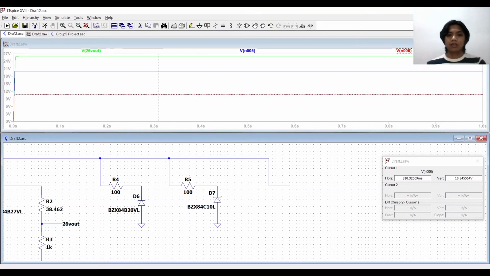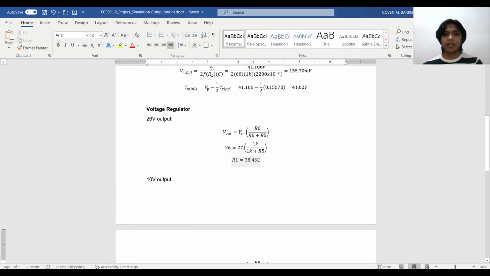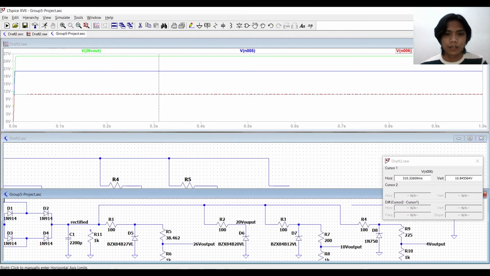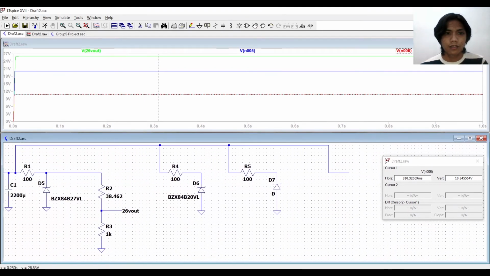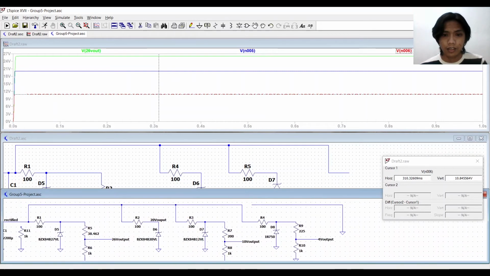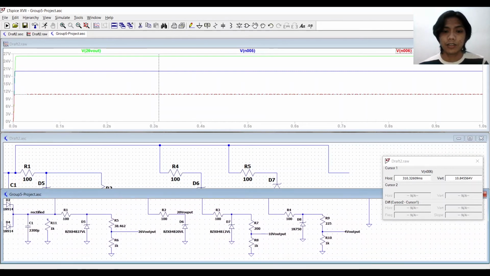However, it is not really that stable, unlike the other two. So what the group did was still use the Zener diode. However, make use of another one of the voltage divider circuits.